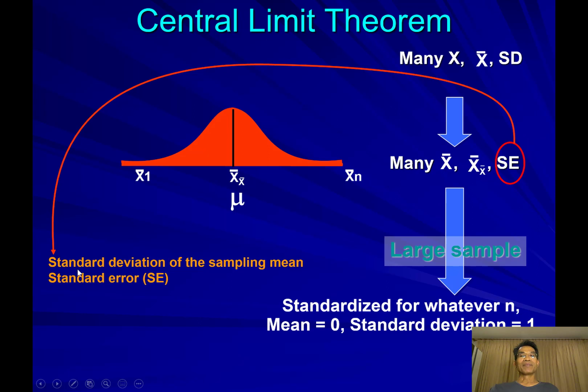Luckily, the standard error, or standard deviation of the sampling mean, we can estimate from the one study's standard deviation, by taking that standard deviation divided by the square root of n.